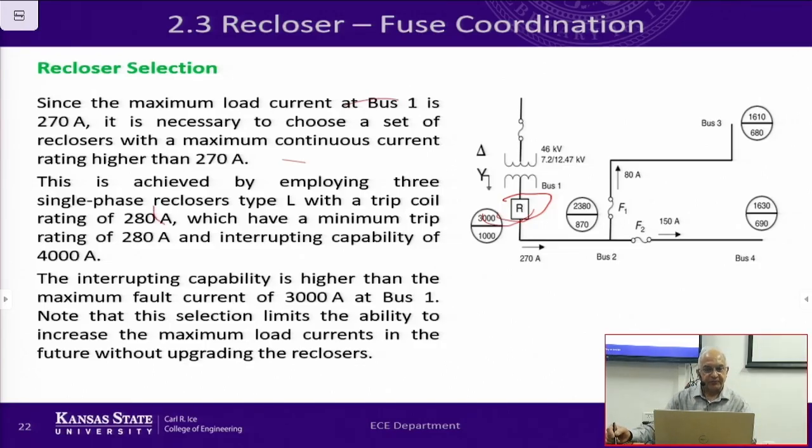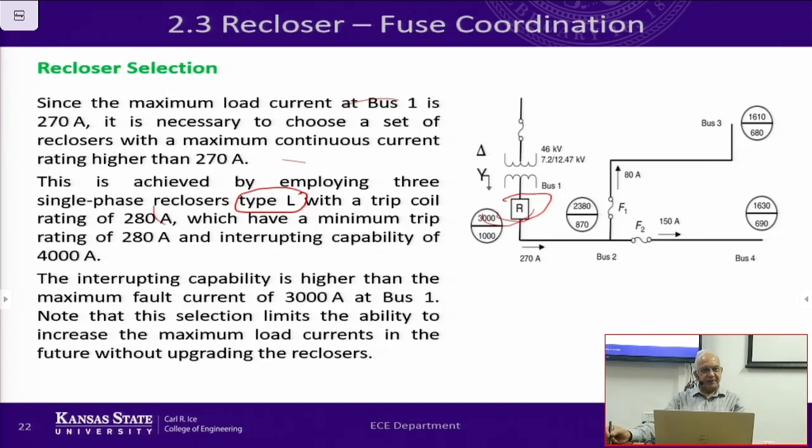The reclosers that are available, type L, this is again a designation of the manufacturer. They have different pickup values, like trip coil ratings, and they provide characteristics for those ratings.